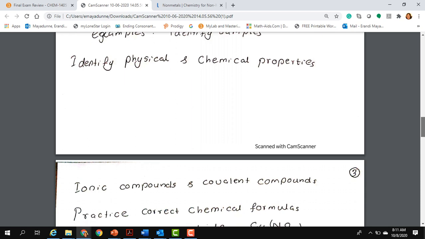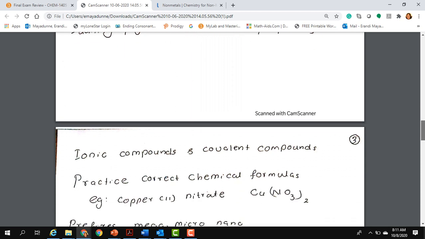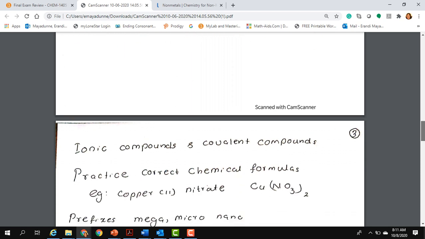And this is important. You need to identify, if I give you a compound, whether it's ionic or covalent. That is very, very important. So always keep in mind: an ionic compound has a metal and a non-metal. A covalent compound always has two non-metals.